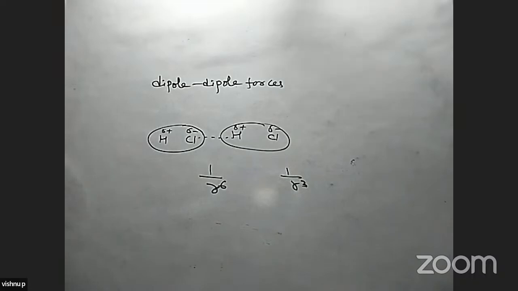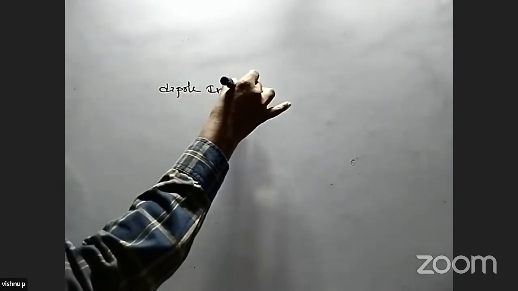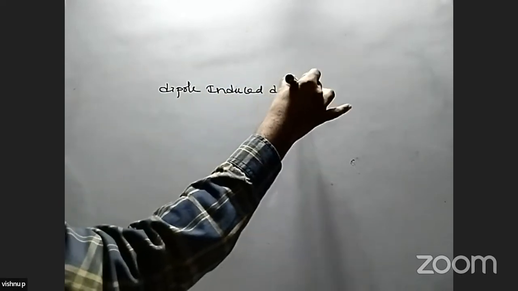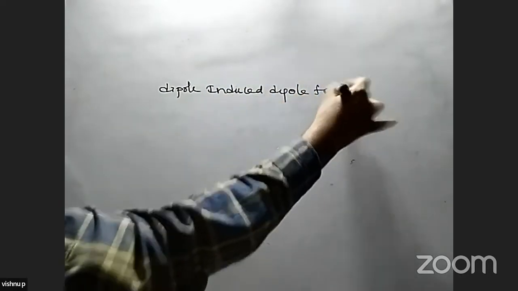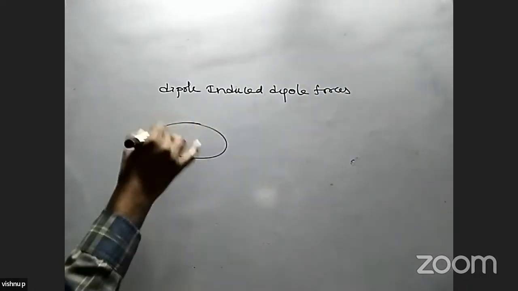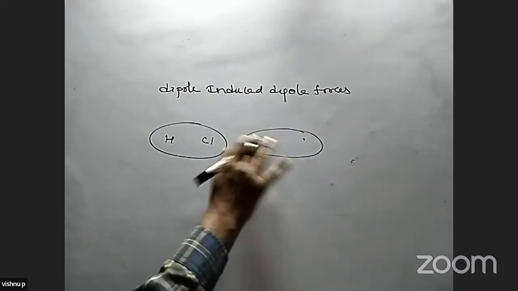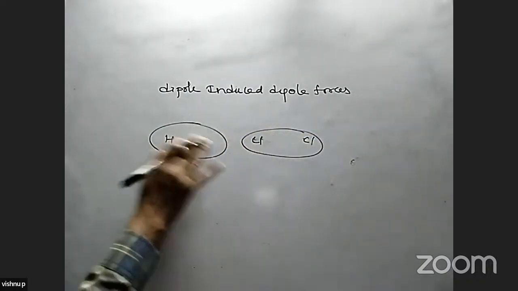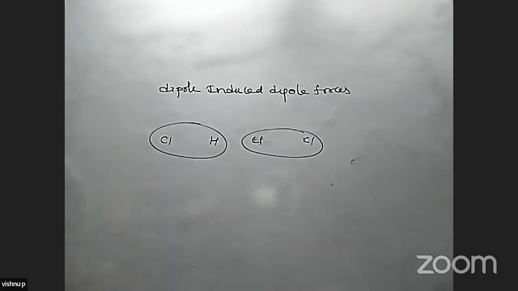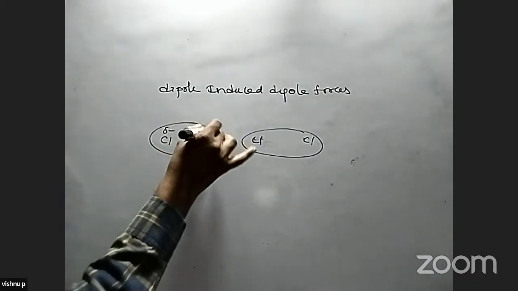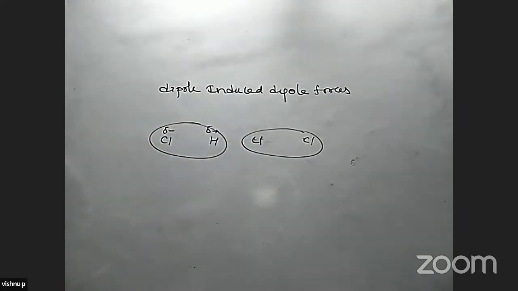So these are called dipole forces, and the next type of van der Waals force is called dipole induced dipole forces. We take an example, HCl, and one more molecule, Cl2. Here in HCl, chlorine is partially negative and hydrogen is partially positive.